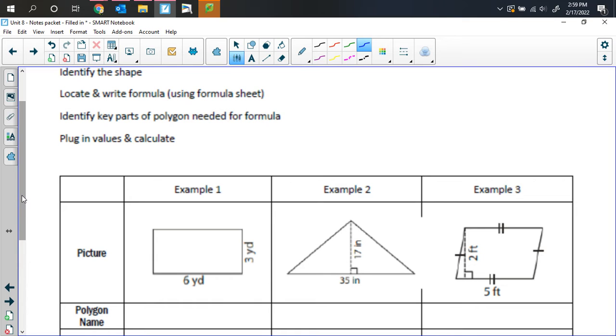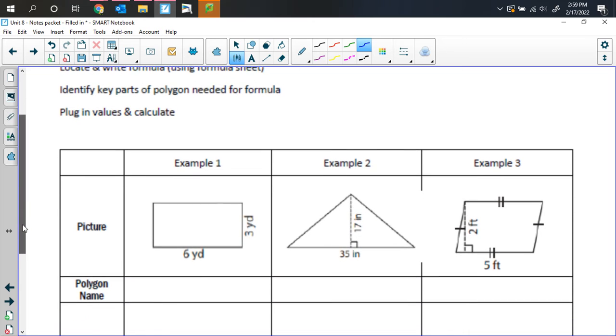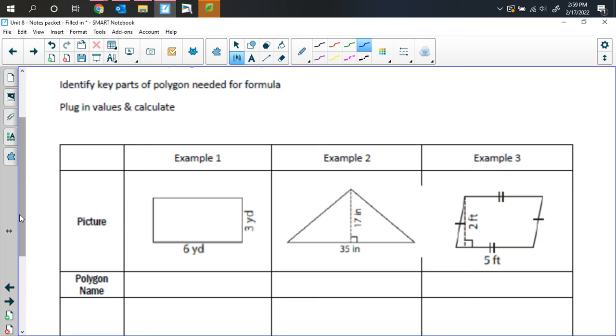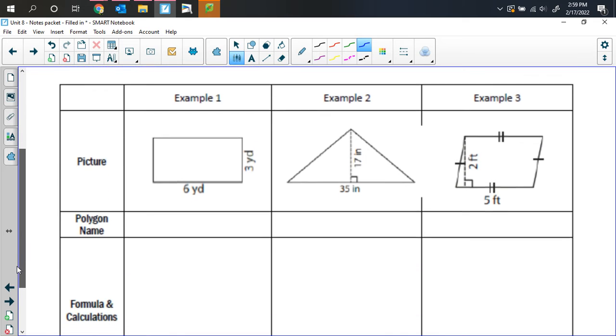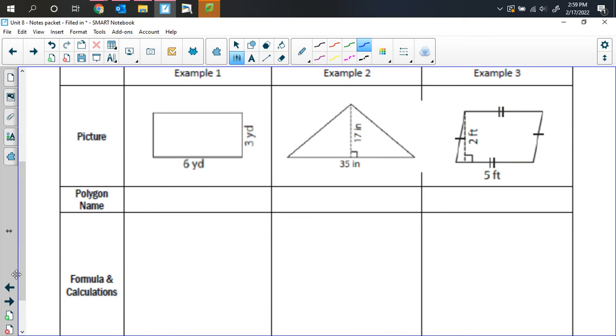The rectangle has length and width. The parallelogram has base and height similar to the triangle, and your trapezoid has a height, and then it also has two bases. The two bases for your trapezoid are always going to be your two parallel sides. So we would identify those key parts, and then you'll just go ahead and plug in your values into the formula and calculate. So today's lesson is a really simple one.